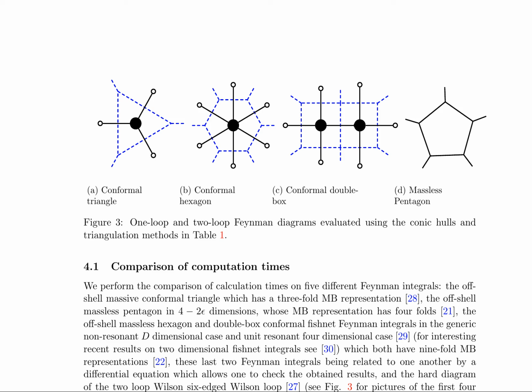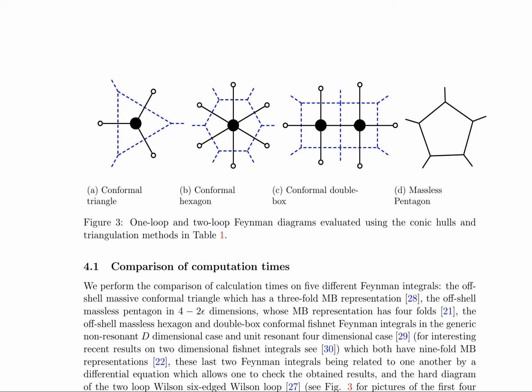The evaluation of one-loop and two-loop Feynman diagrams using conic hulls and triangulation methods is discussed in this section. A comparison of computation times for 5 different Feynman integrals is presented, including the off-shell massive conformal triangle, off-shell massless pentagon, off-shell massless hexagon, double-box conformal fishnet integrals, and the hard diagram of the two-loop six-edged Wilson loop.